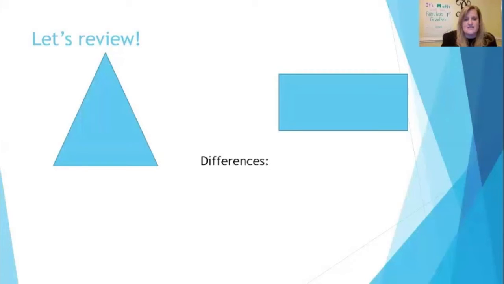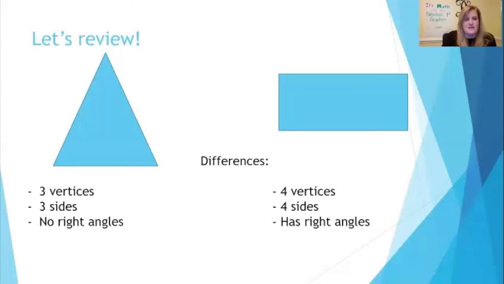These are the ways that I saw some differences. This first shape, which is a triangle, has 3 vertices. 1, 2, 3. Has 3 sides and no right angles. Now we talked about some triangles do have right angles, but does this have a right angle?